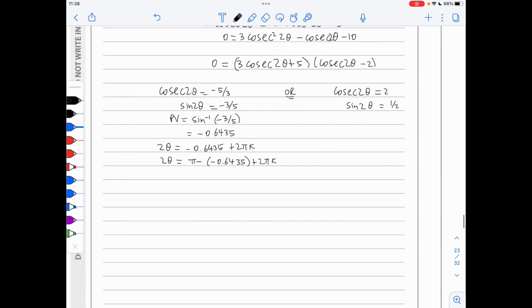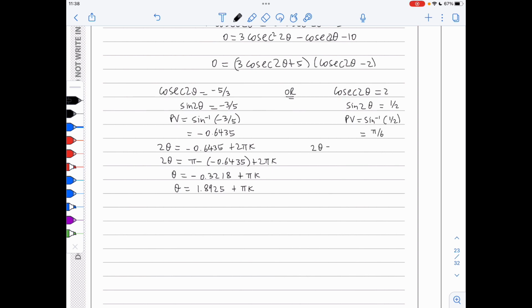Dividing throughout by 2 gives me that theta is minus 0.3218 plus pi k, or theta is 1.8925 plus pi k. Similarly, on this side here, my principal value will be shift sine of a half, which is pi over 6.